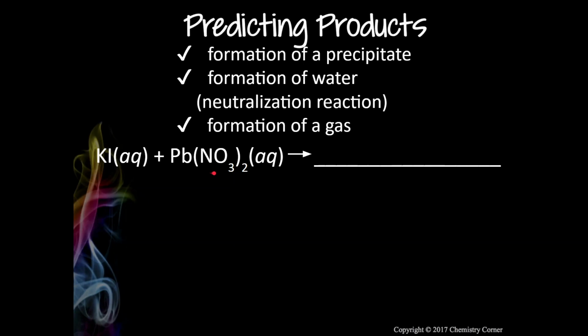And lead nitrate, which is also aqueous, because it also dissociates into lead ions, lead 2 in this case, and nitrate ions. So both of those are ionic compounds which will dissociate in water. And when they do, we would expect the potassium to become potassium nitrate and the lead to become lead iodide. And that indeed is what happens.